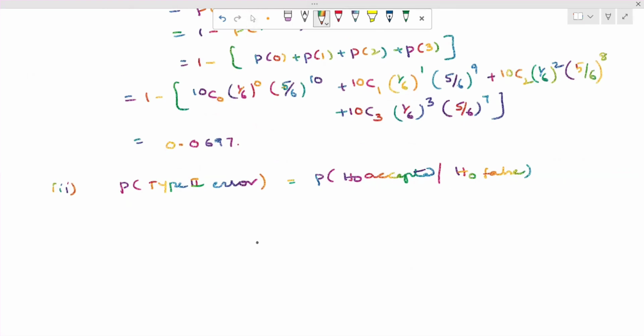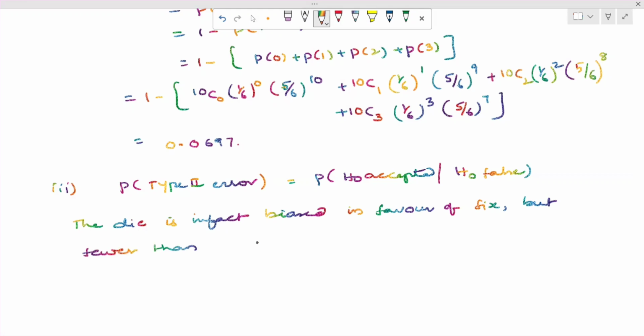Let me write that. If I'm saying that fewer than 6 are thrown, suppose the die is in fact biased in favor of 6, but fewer than 4 sixes are thrown.